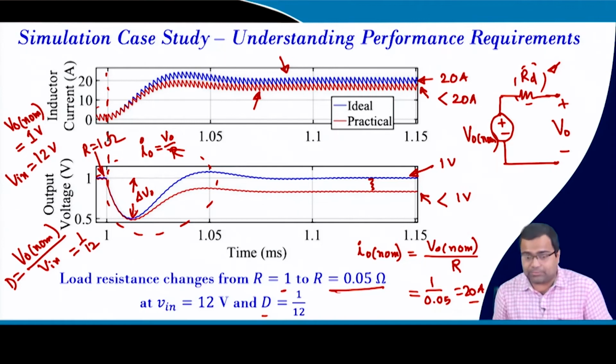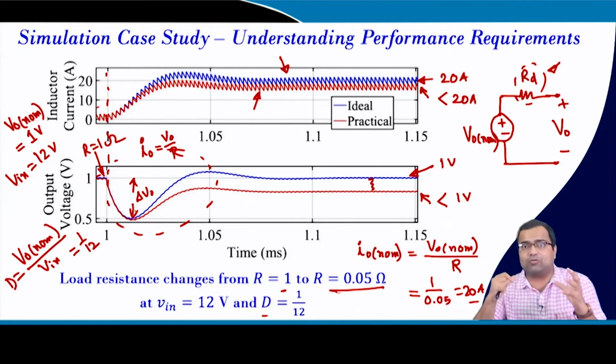Now, this motivates us, because it is open loop, we have a fixed duty ratio. So one of the objectives of the control of this DC-DC converter, the first thing we need, is to reduce this RD effectively.